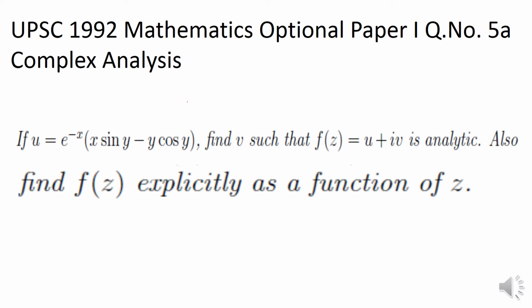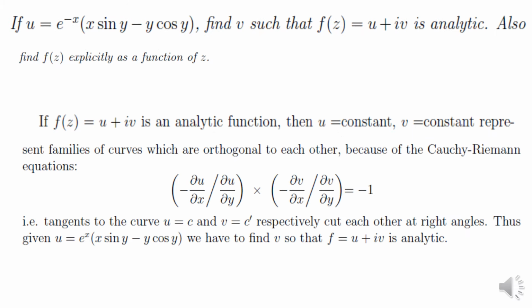So first we will see the property of f(z), which is analytic, and then we will use u, which we know is e to the power minus x (x sin y minus y cos y), to find v and f(z). If f is analytic, then u equals constant and v equals constant.